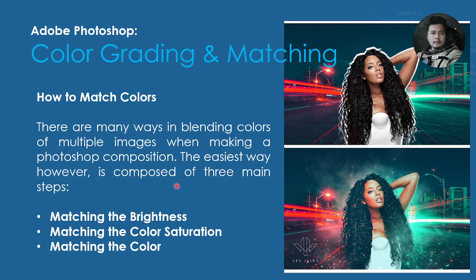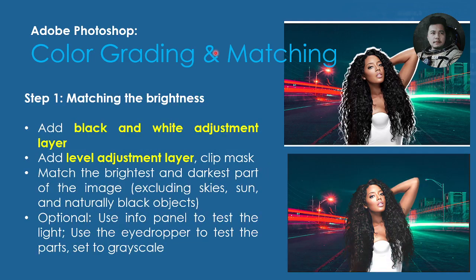Again, this does not limit only to these three steps, but in my case, what I usually do are these three, and of course, you can add more if you desire. So the first one is matching the brightness. Second is matching the color saturation, and lastly, matching the color. There are, of course, other steps before you can finish your composition, but again, we're just talking about color grading and matching. Okay, so let's talk about the first step, matching the brightness.